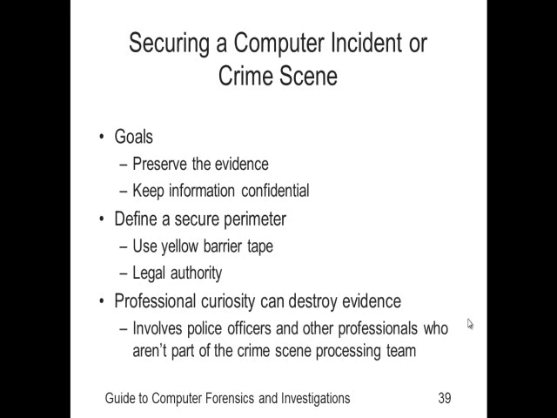Securing a computer incident or crime scene. There are two major benefits of securing the crime scene: preserving the evidence integrity and keeping information about the crime confidential. You can create a security perimeter by using yellow barrier tape and enforcing legal authority to prevent others from entering the scene.